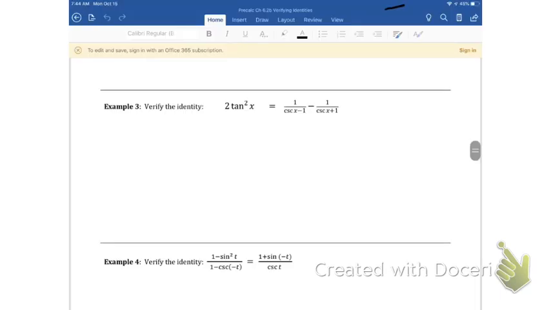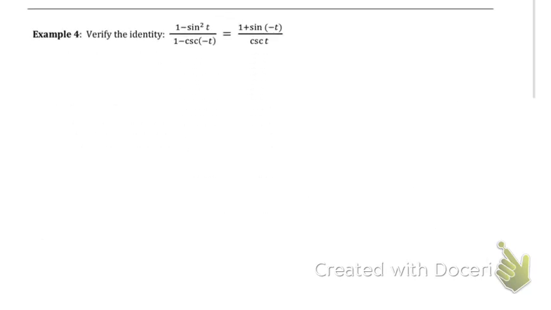Let's see if I have the last one as a slide. All right, this one we have some negative signs in it. So we're going to build our wall up. And I'm going to get rid of the negatives on both of them. It's always a good idea to at least get rid of the negatives on both sides. So work on them independently and get rid of the negative signs on both, and then go from there.